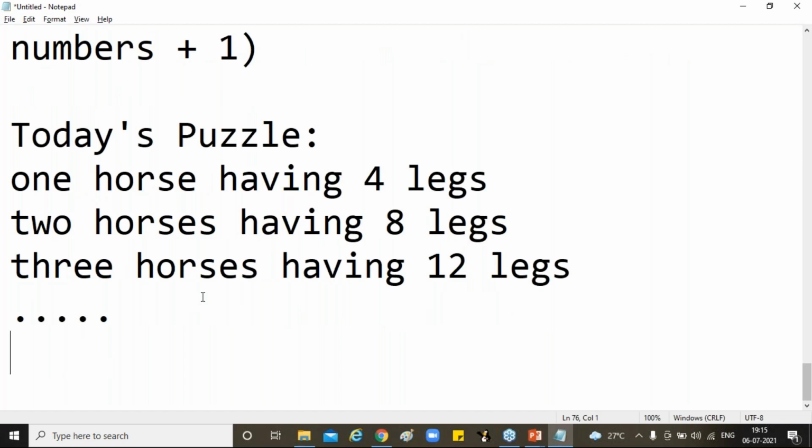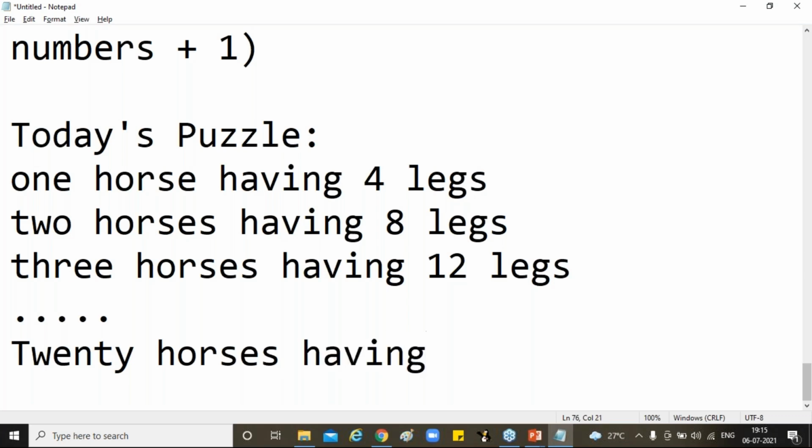According to this, the Cognizant interviewer asked: 20 horses having 44 legs. One horse has 4 legs, two horses have 8 legs, three horses have 12 legs.